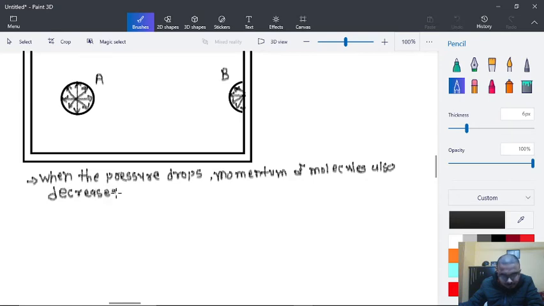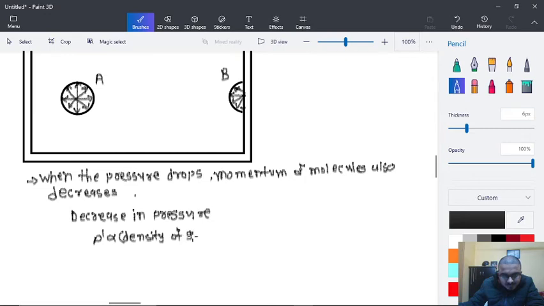So here the equation that we are going to accept as of now is the decrease in pressure, P prime, is proportional to density of gas square, which is proportional to 1 divided by specific volume square.